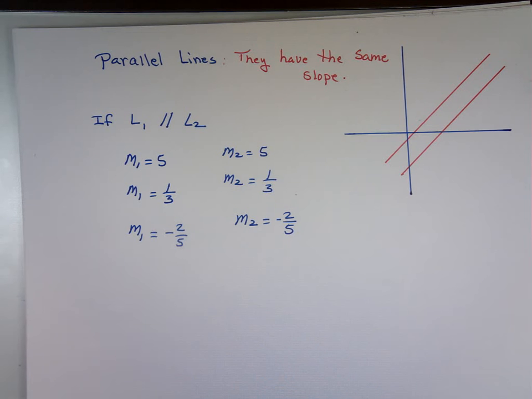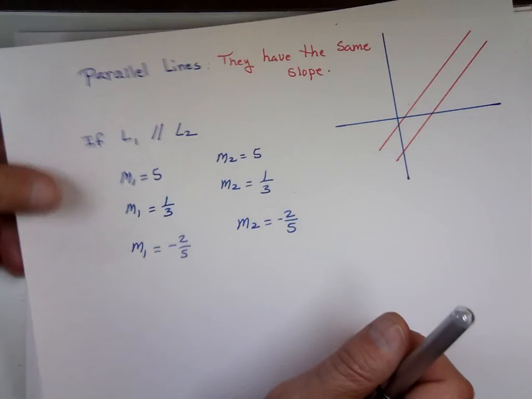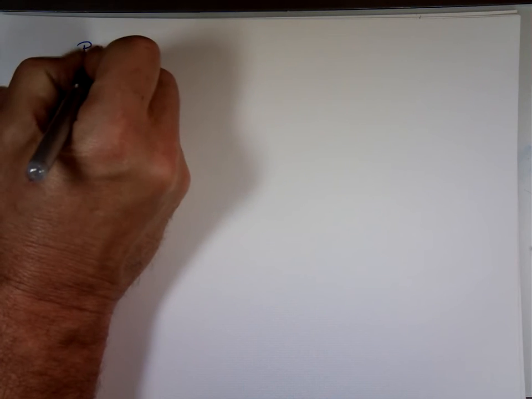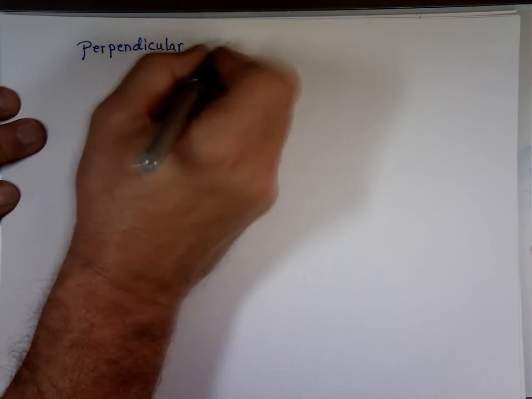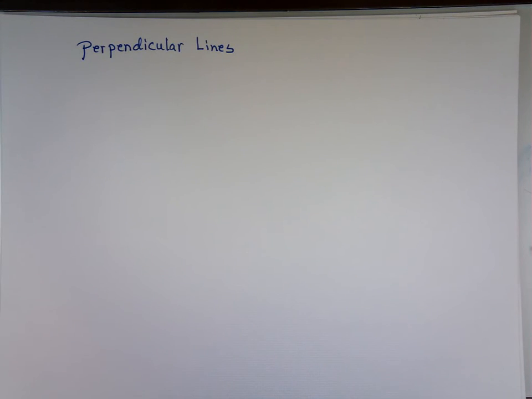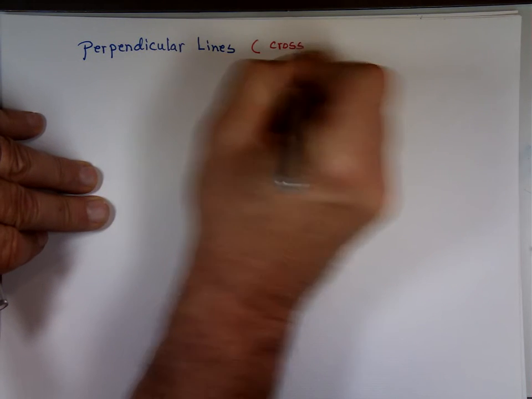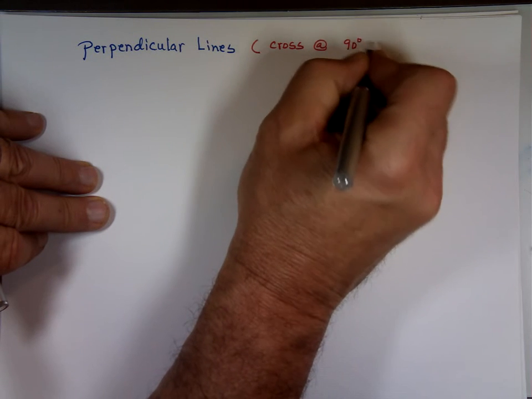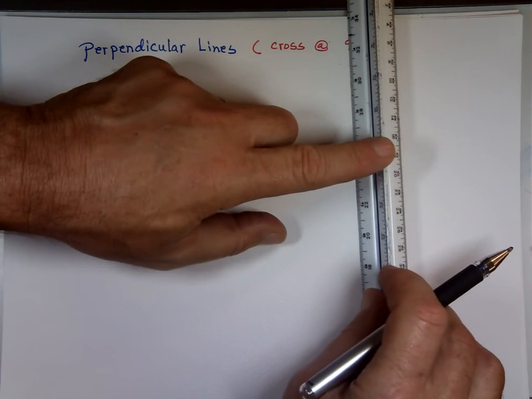And the last statement I'm going to make is perpendicular lines. And again, we discussed that one, but we'll bring it again. Again, we said perpendicular lines, that means they cross at what? At 90 degrees. So the slopes can't be the same.